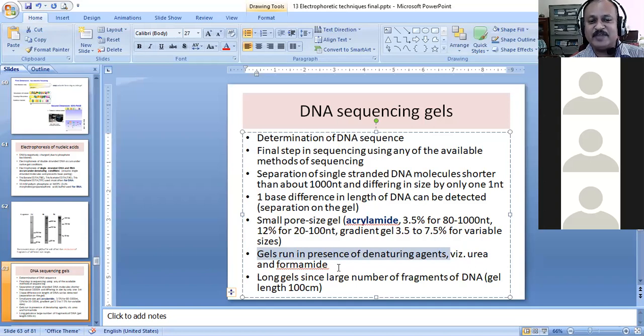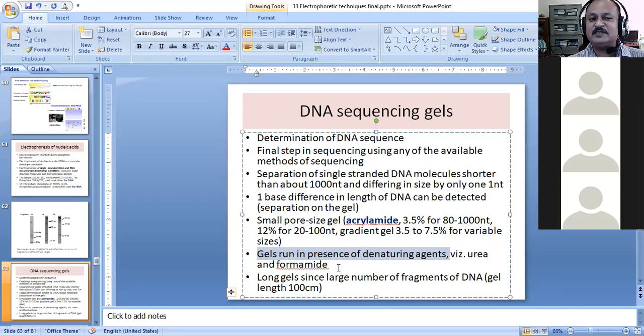For DNA sequencing we are using single stranded DNA molecules only, but there is a probability that the single stranded molecules will form complicated structures. If there are local complementary sites present on the DNA molecule, then because of that the DNA will form double stranded regions somewhere in the molecule, maybe at one place or maybe at many places.